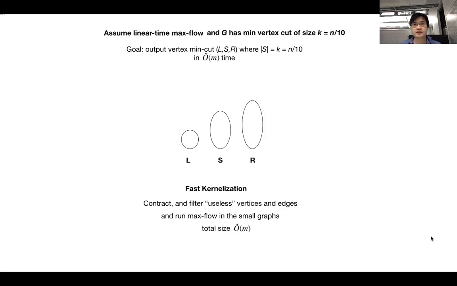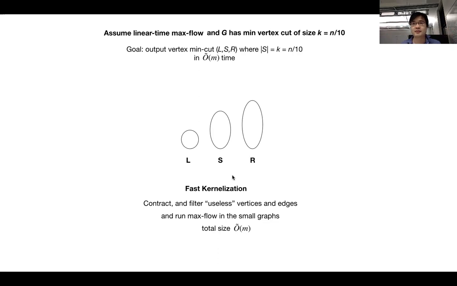Okay, so now let's assume that we fix some optimal separator of size n, and with this separator we consider the left side, the middle side, and the right side. What we do here, the technique is called kernelization.